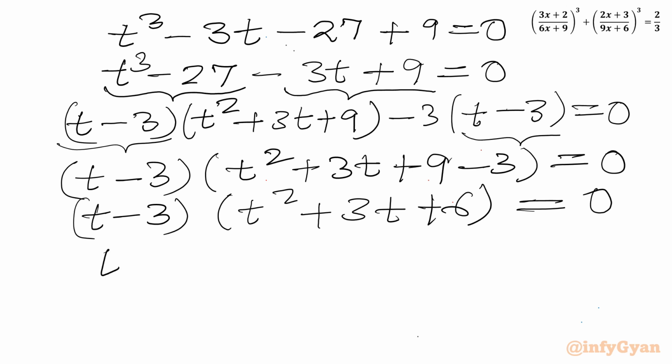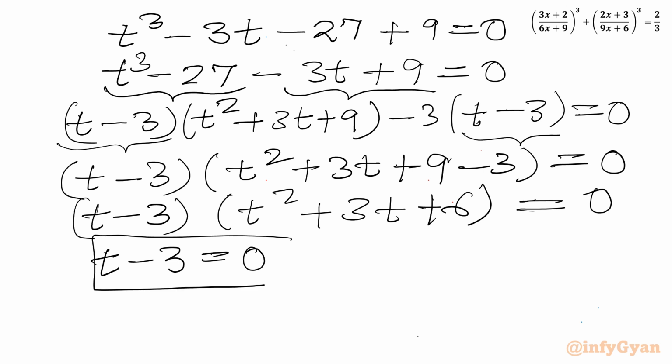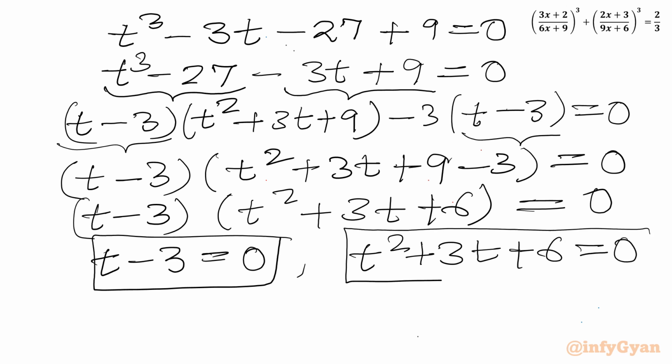So the conclusion from here is t minus 3 equal to 0 or t square plus 3t plus 6 equal to 0. Let us solve both the equations one by one. So I will write t minus 3 equal to 0. So from here t equal to 3.